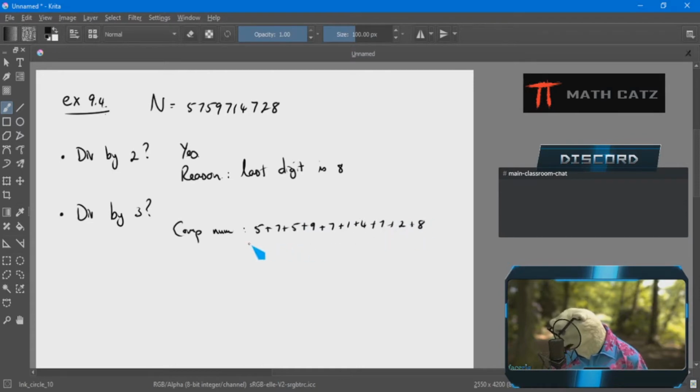I hopefully didn't miss any digit. Add up the digits. What do we get? We get 12, 17, 26, 33, 34, 38, 45, 47. It looks like 55, if I did that right. And therefore, it is an unfortunate no, because reason: 3 doesn't divide into 55.